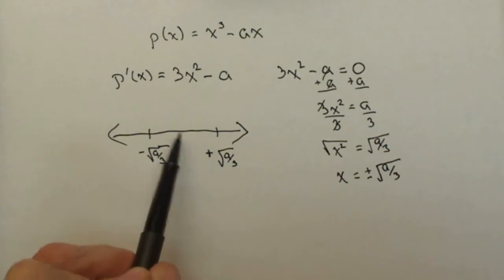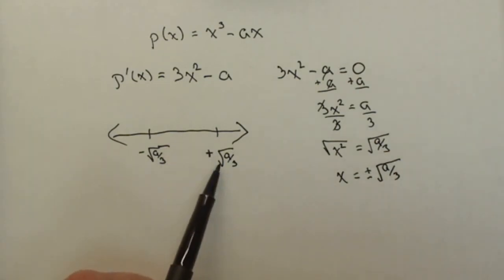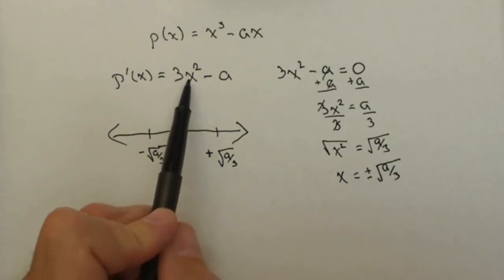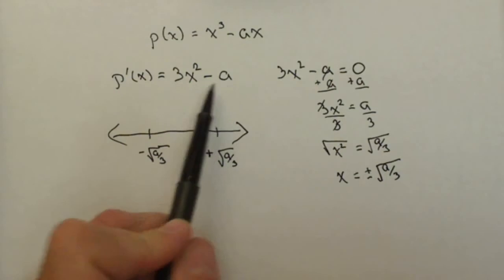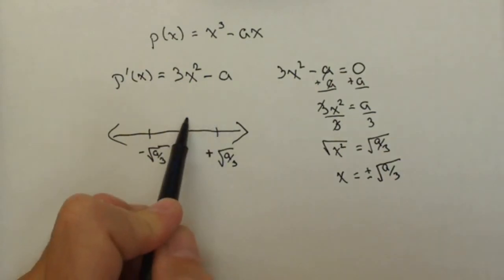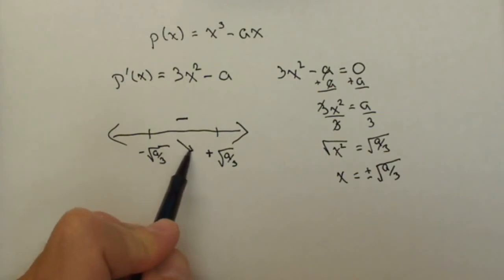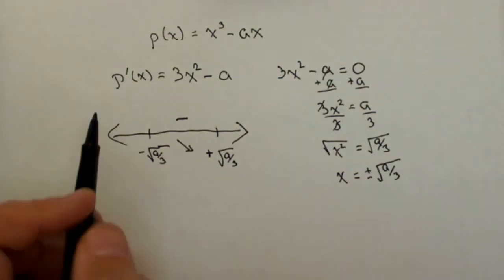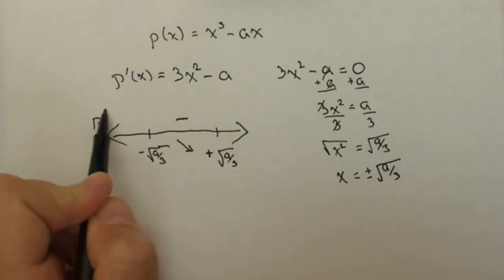And the first thing we know is 0 has to be in between these. This is going to be a negative number, this is going to be a positive number. So 0 is a very nice, easy test point. So let's just start with that. If x is 0, we're subtracting off a positive number, which would be negative. And that's our first one. So we know our original function is decreasing on that interval. So this is p, this is p prime, this is p.